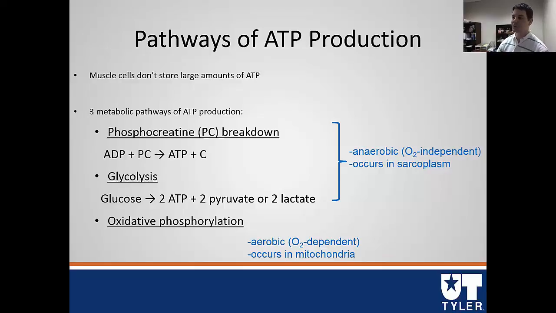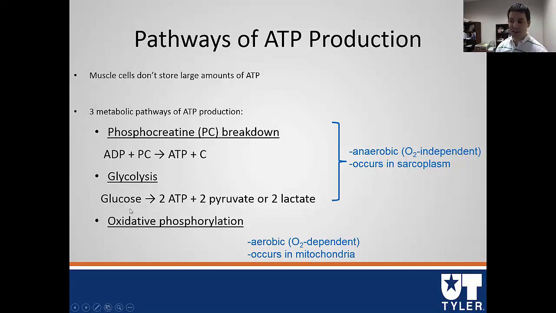So the first one that we'll talk about in this section is the phosphocreatine system. The phosphocreatine system is the simplest of all systems. It takes this molecule phosphocreatine and essentially makes an ATP out of it. We'll go into more detail in the next slide. The second one that we will also cover in today's lecture is glycolysis.